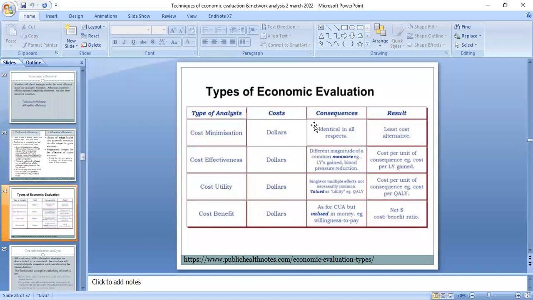It is assumed that the outputs are the same, while in cost effectiveness, different magnitudes of common measures, for example, life years gained, blood pressure reduced, while in cost utility, the outcomes are single or multiple effects, not necessarily common, valued as utility, for example, quality adjusted life years.